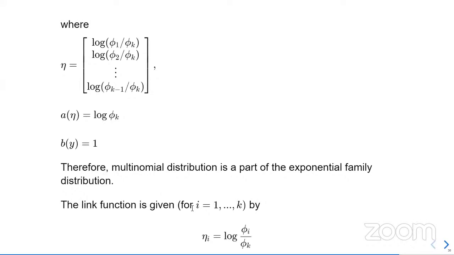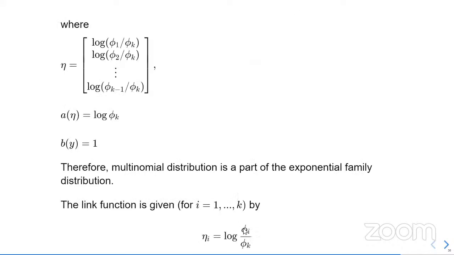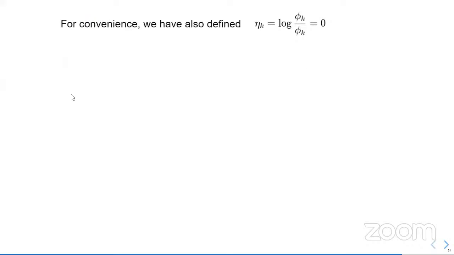So what is eta? Eta is a vector whose ith component is log of phi i upon phi k, the same kind of form as the log odds we have in the Bernoulli distribution. The last entry of eta becomes 0 because it's log 1, right?